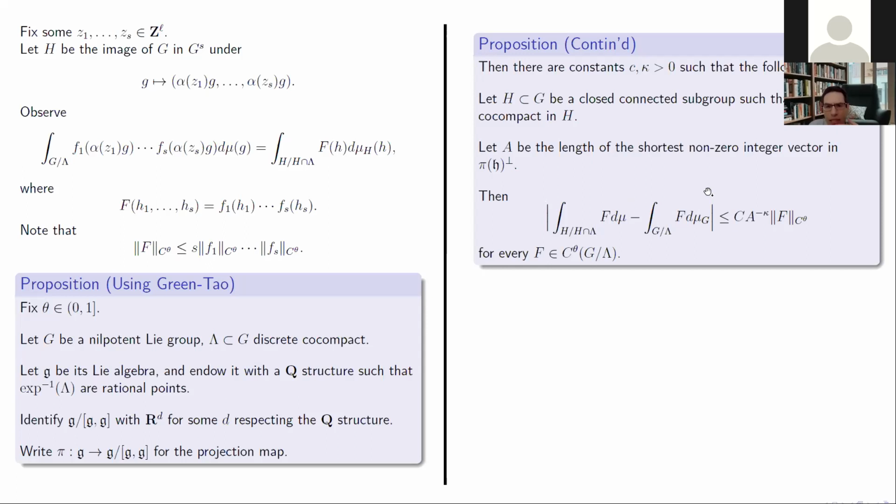Isn't an H missing? Yeah, an H is missing here, so it should be mu H. Sorry. So this proposition will reduce our problem to estimating this shortest non-zero integer vector.